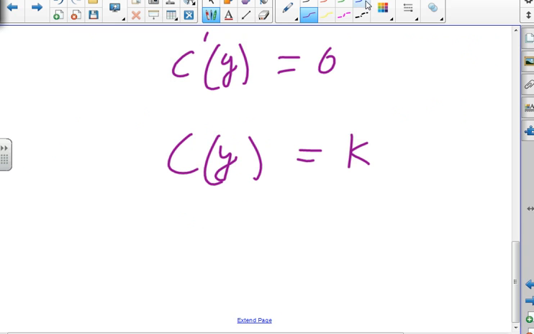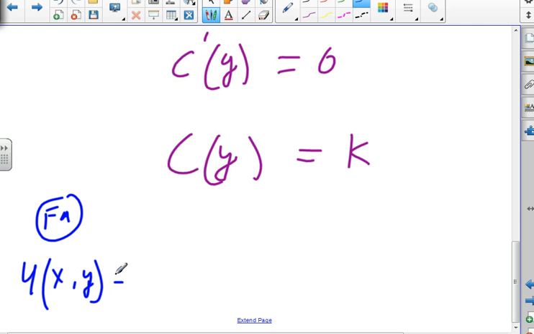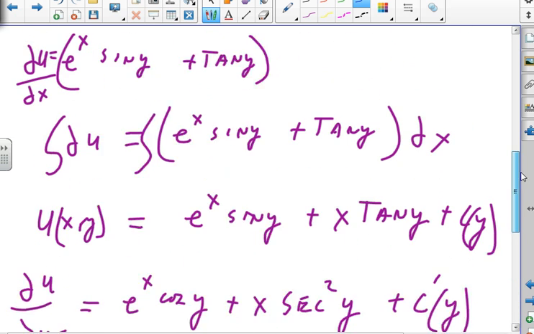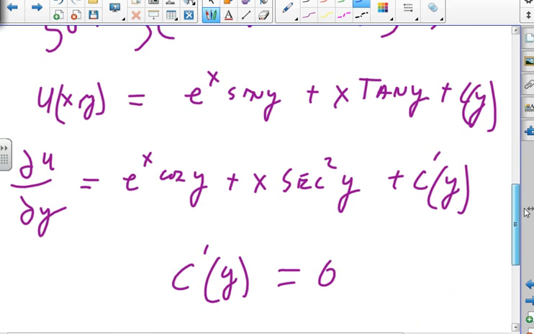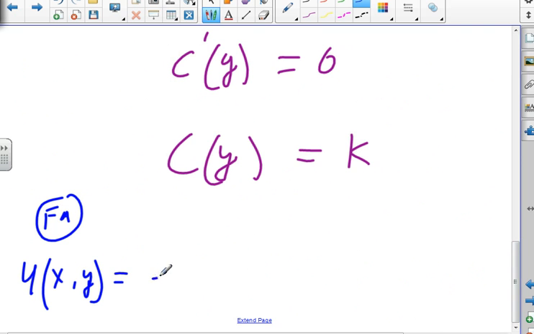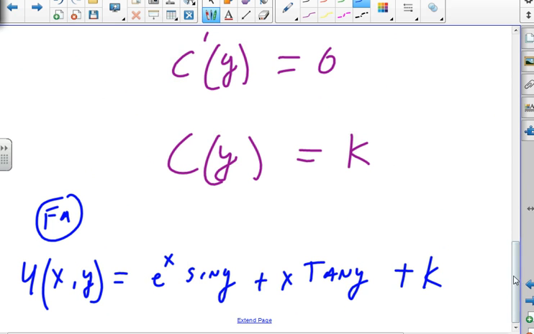So final answer, u of xy is equal to e to the x sine y plus x tangent y plus k.